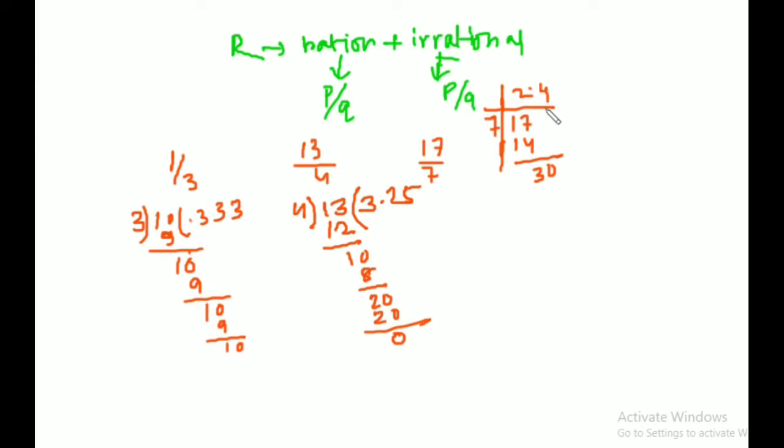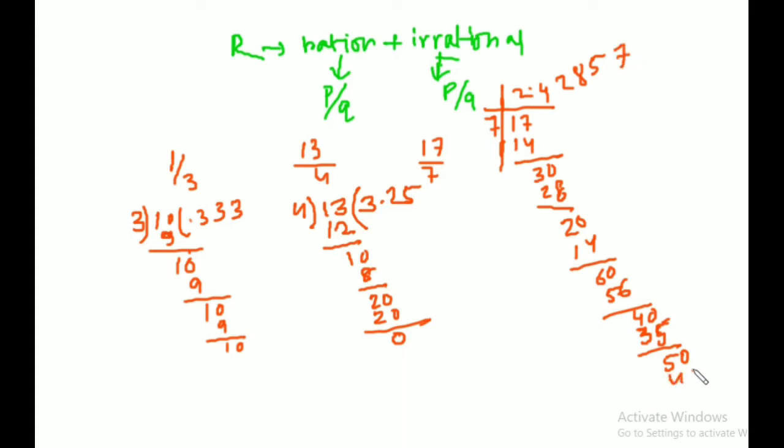So 4, 28, I'm sorry, 2 and then 0, 2, 14, then 6, 0, 8, 56, then 4, 0, 5, 35, then 5, 0, and then you get 7, 49, then you get 1, 0, and then you take 1 and 7 and you get 3.